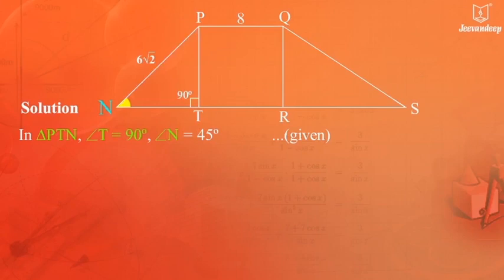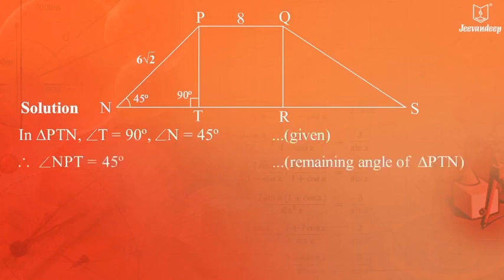Angle N equals 45 degrees, as given. Therefore, angle NPT equals 45 degrees, being the remaining angle of triangle PTN. Thus, triangle PTN is a 45, 45, 90 triangle.